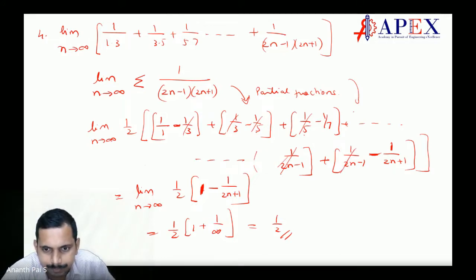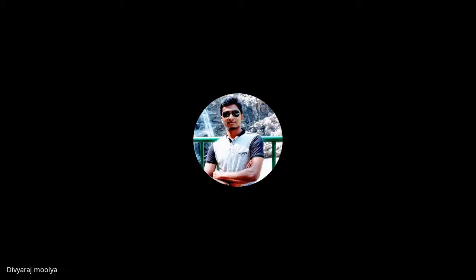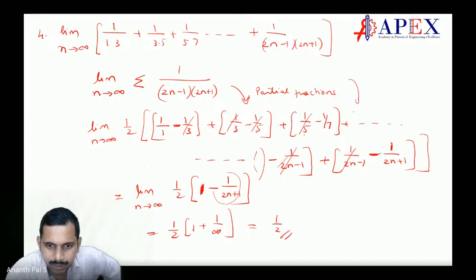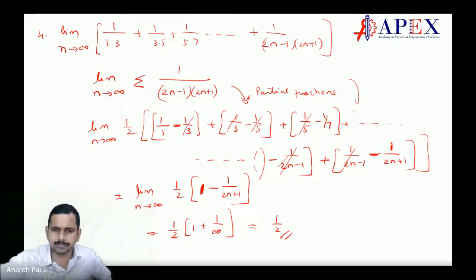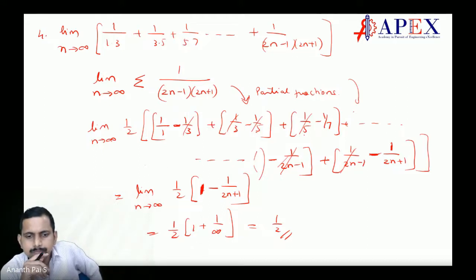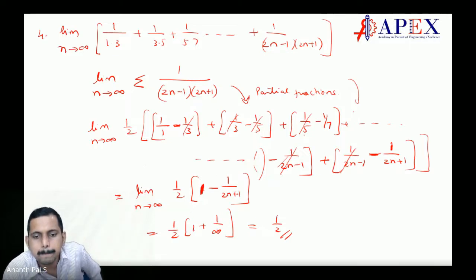Sir, but 1 by 2n plus 1 is still a term, no? Yes, it is there. I've taken it here, till infinity. Yeah, the last term. And that term, when you substitute n is equal to infinity, goes to 0. Make sense, Divyaraj? Yes.